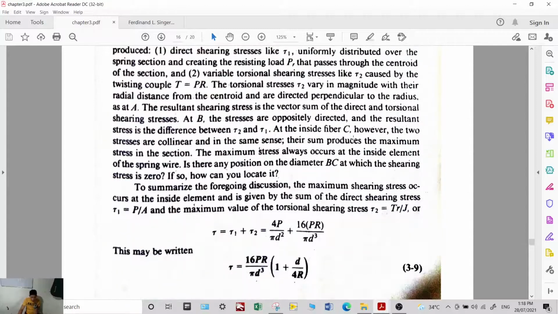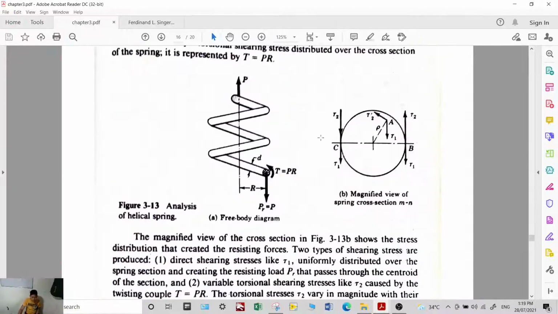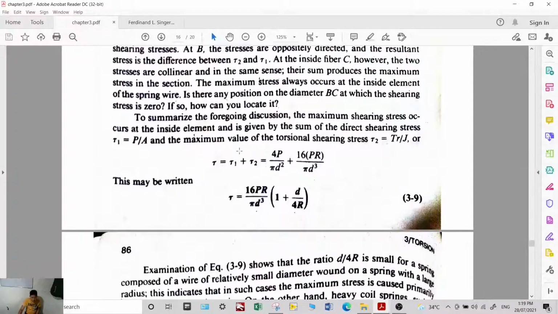Therefore, the total shearing stress is the combination of tau 1 plus tau 2.